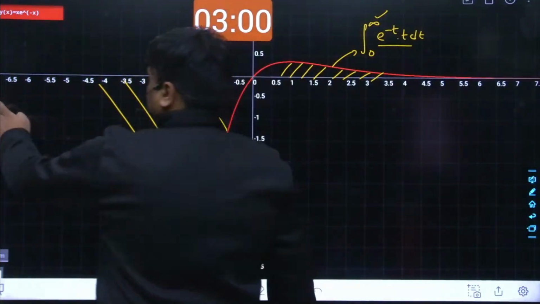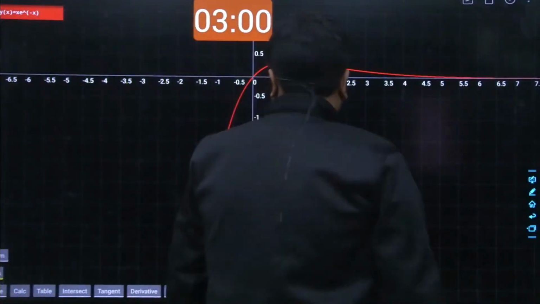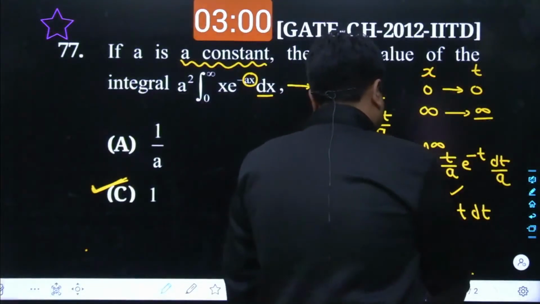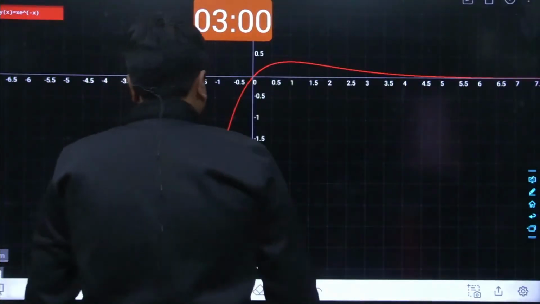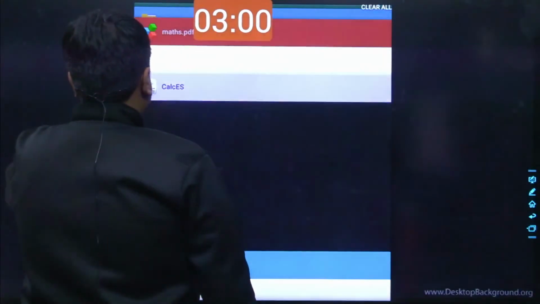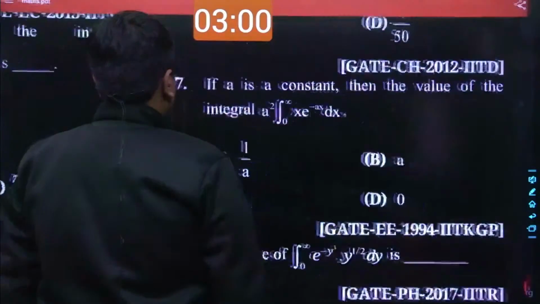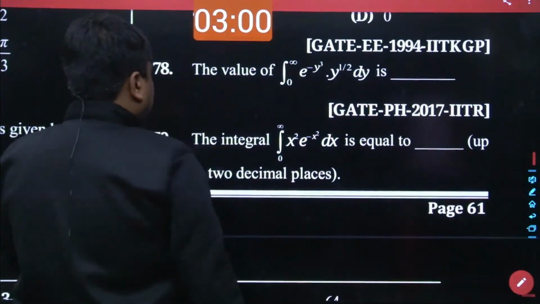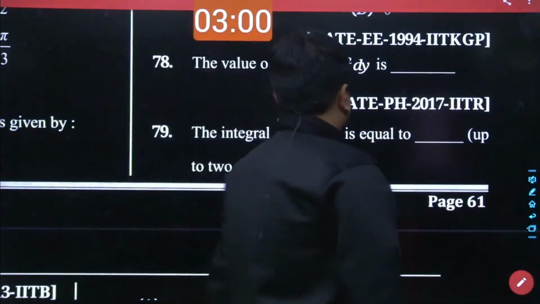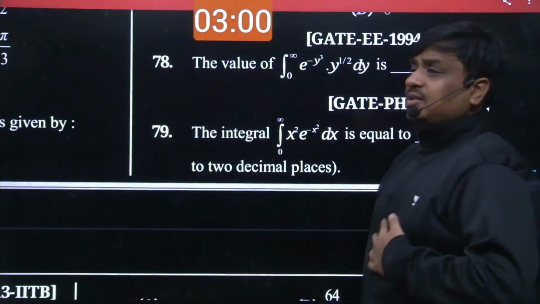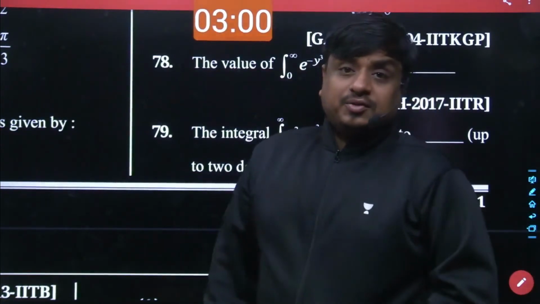So I think it's the right time to go ahead with the next question as well. Let me go into the working board. So here comes the next question. This kind of question, where the power is raised to 2, has been repeatedly asked, and you must have seen it when we discussed the normal distribution.